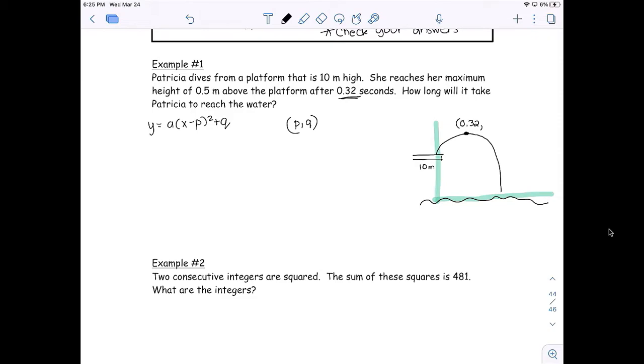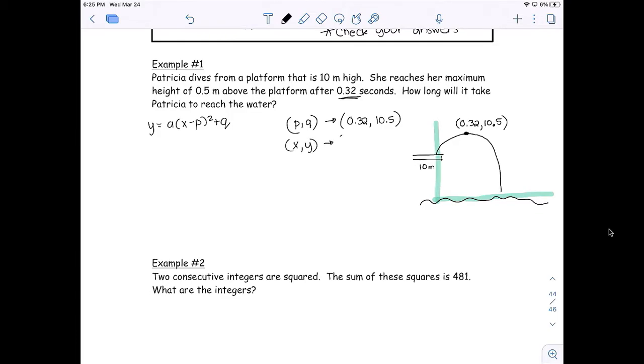And what we're going to do is combine the 10 meter platform and the height of 0.5 that they jump off the diving board to get that maximum. So I added those 2 greens together to get 10.5. Okay, so once I have my vertex, I label it. P is my first coordinate and Q is my second coordinate.